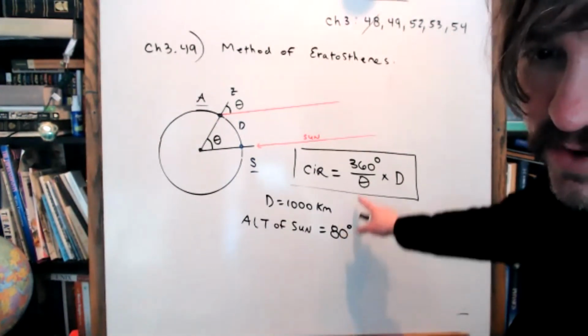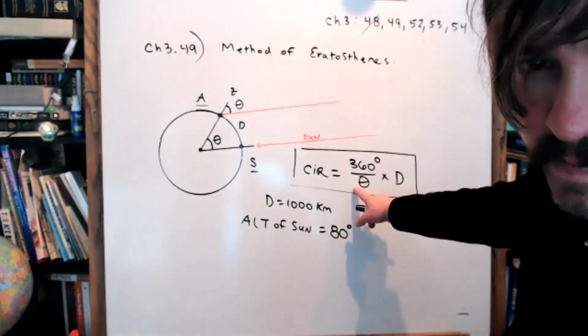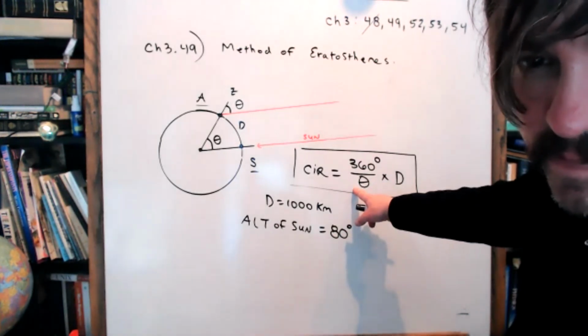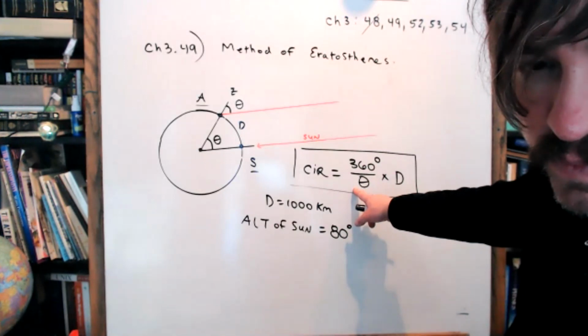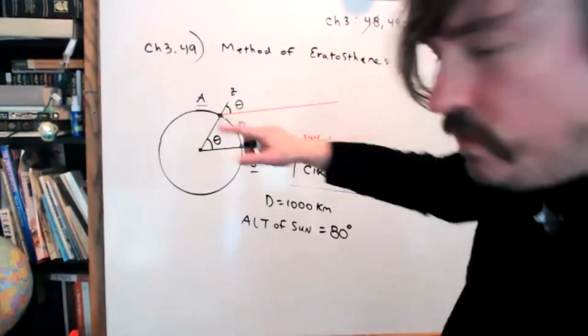Can I take that 80 degrees and plug it into this angle here? Is that okay? Yeah. No, it's not. No? Why wouldn't it work out? Oh, because it's not the same?